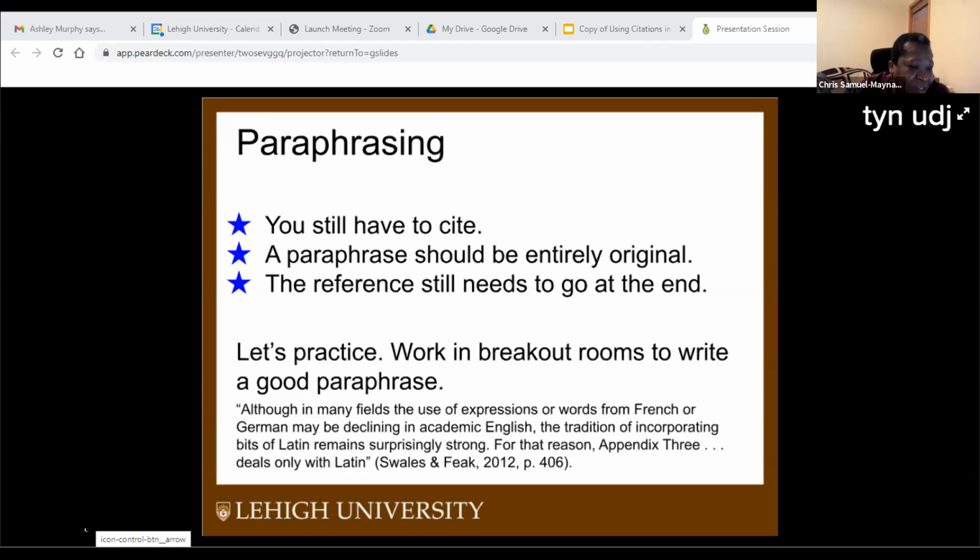Basically it's just saying that a long time ago or in recent times, German and French and Latin were all used for certain expressions, and only now it's a little bit of Latin, whereas French and German not so much anymore. And so how would you paraphrase that without using quite a few of those words in the original?